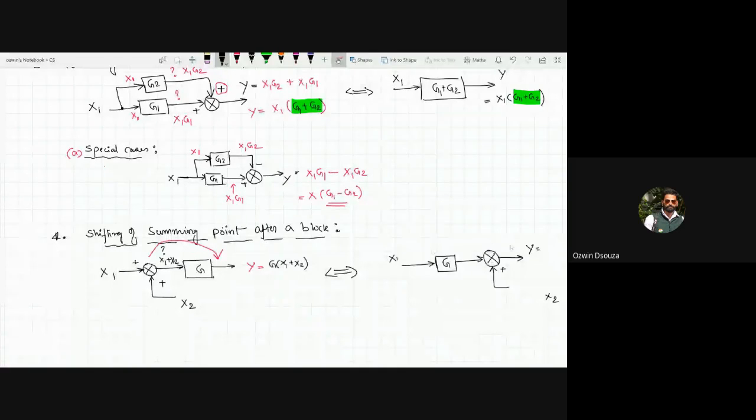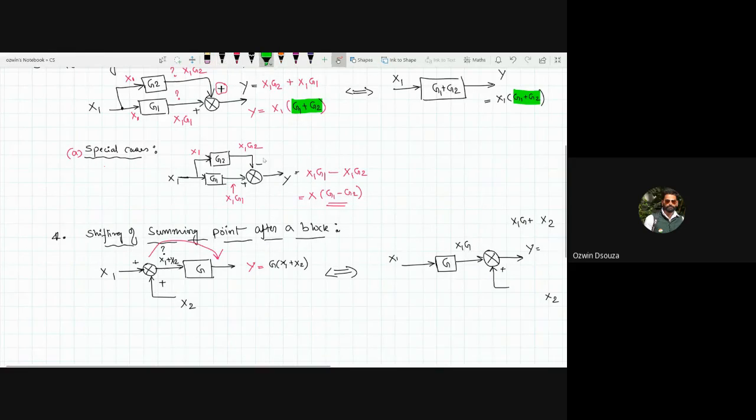Let us inspect the output. The output of block G is x1 into G, and the signal connected to this summing point is x2. So the output of this summing point is x1G plus x2.